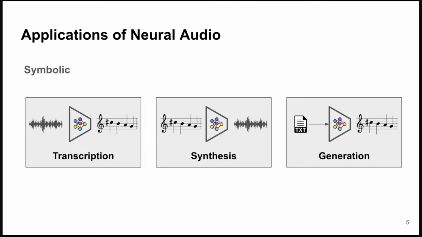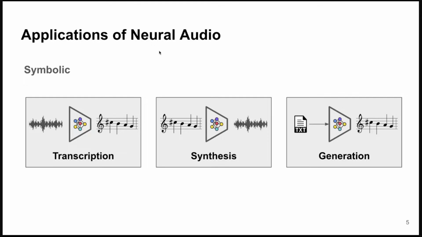We also have expressive synthesis of audio. We can feed a neural model, a generator, a MIDI file, and obtain a rendered waveform of a particular instrument. And of course, we have some other types of multimodal generation. For instance, from a text file, from a book, we can predict the notes that would accompany that particular content.